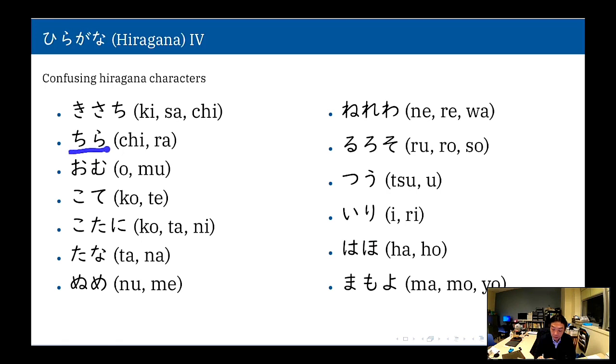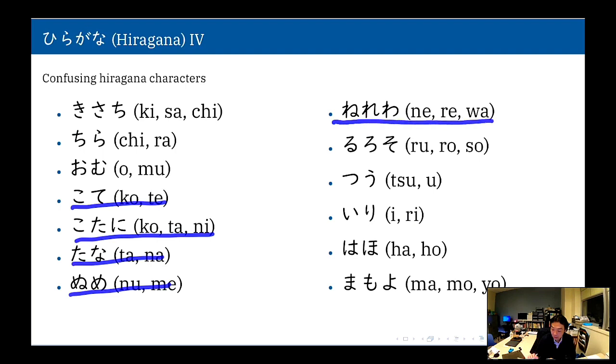And then these two are also confusing. This one is chi, and this one is ra. Okay, the same way, this slide shows different sets of Japanese characters that are confusing, or that look like each other.